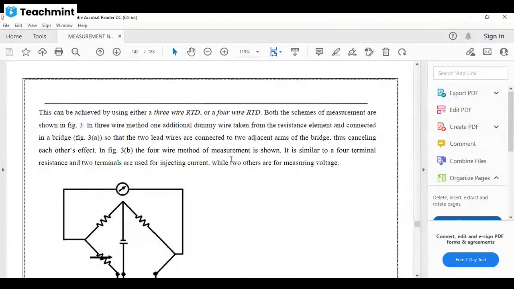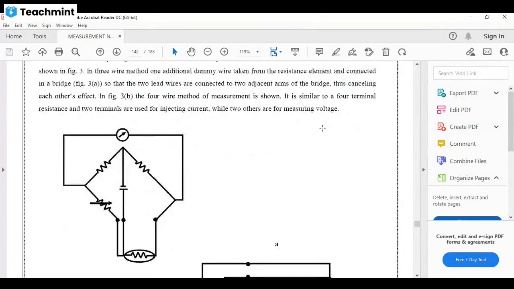So what happens in this case? In the 3-wire method, one additional dummy wire is taken from the resistance element and connected to the bridge.